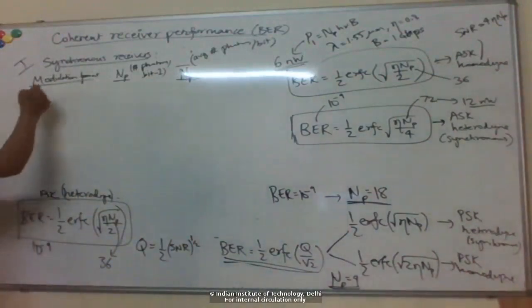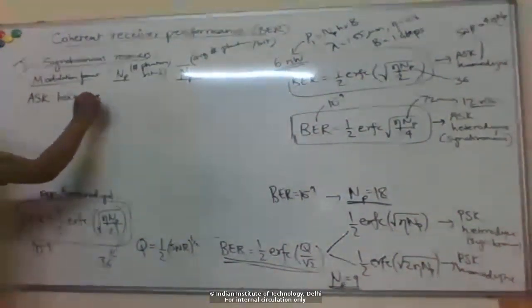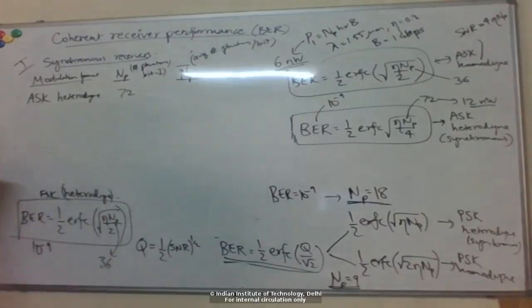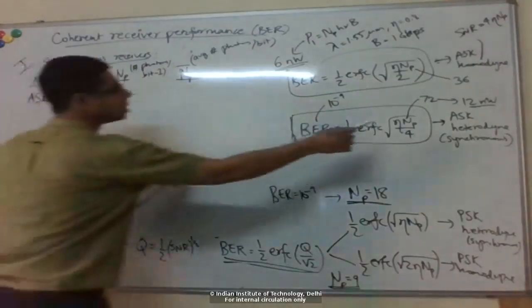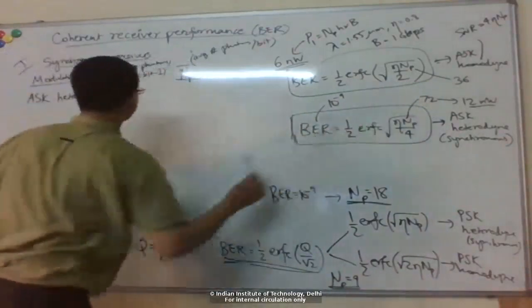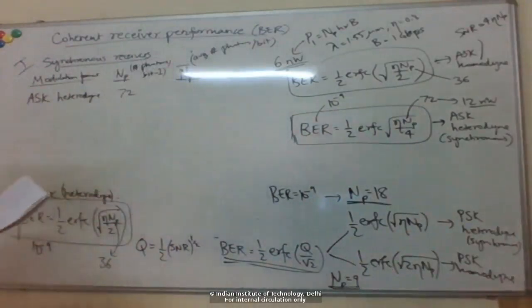Okay, so here we had ASK, if we had heterodyne detection, then this was 72 photons, right? This was bit 1, right? And so for ASK in bit 0 we are not sending anything.